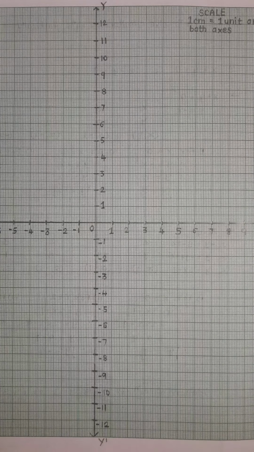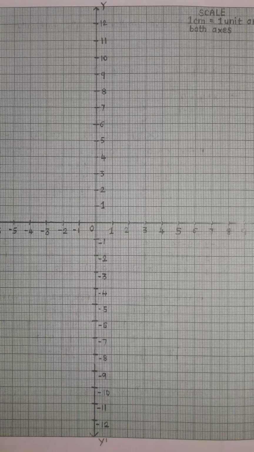When x is equal to 2, y is equal to minus 2, and here we write the ordered pair (2, -2). Now see the fourth value. For the fourth value, we can take x is equal to 3, and therefore y is equal to x minus 4.